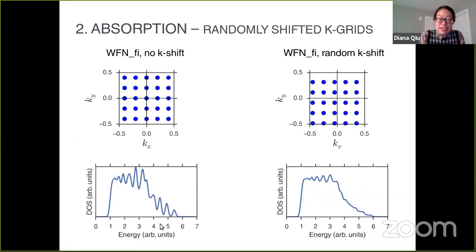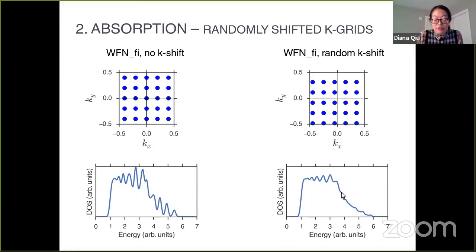There's another technical detail, which is that if you want to converge the density of states, for WFN_fi you can either use a gamma-centered K-grid with no shift, or you can use a grid with some random shift. And if you look at the density of states, what you'll find is that if you use a random shift, you're effectively using more K points because you're avoiding symmetry equivalent high symmetry K points.